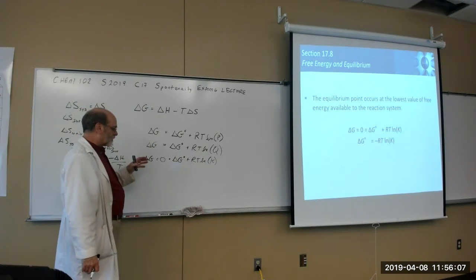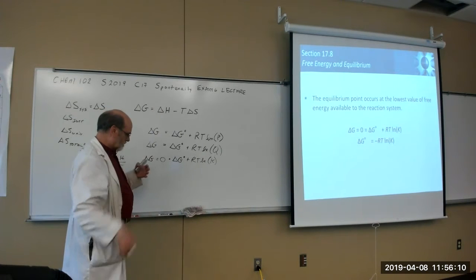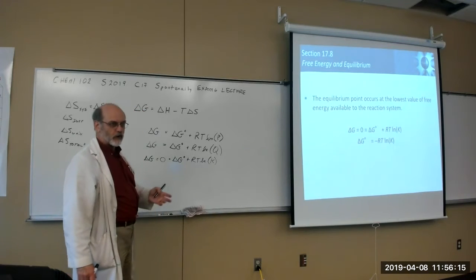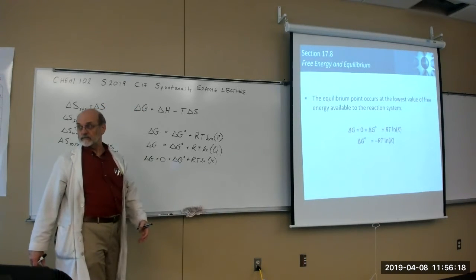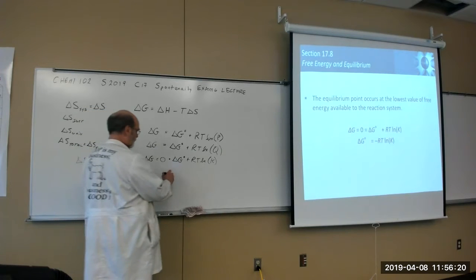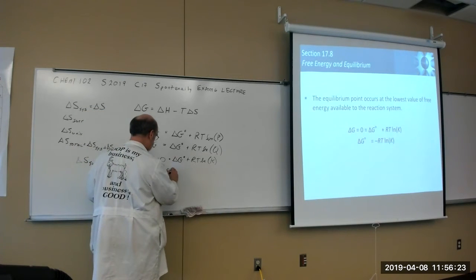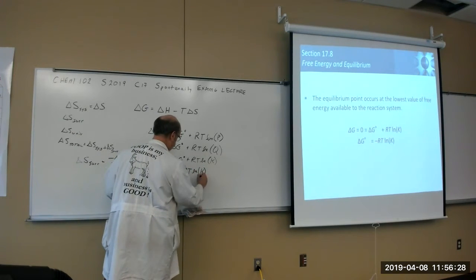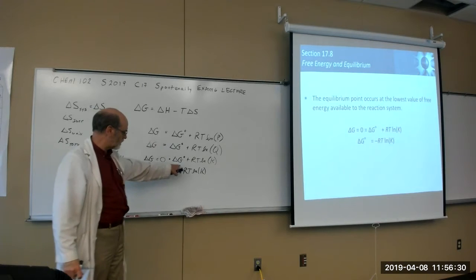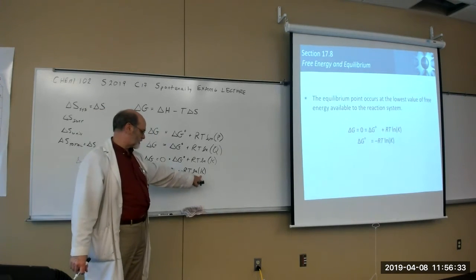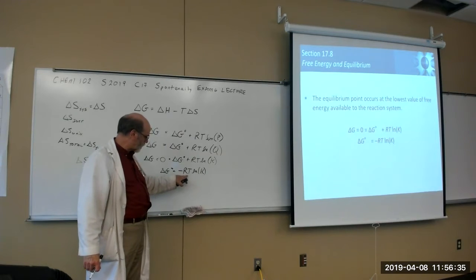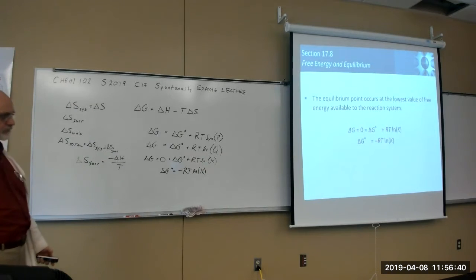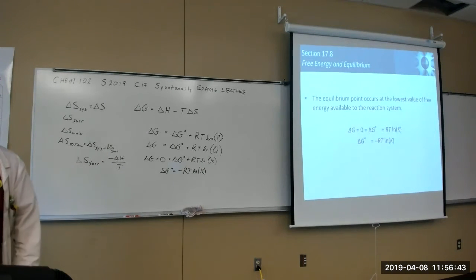So that gives us a tool for determining K. Or if we know K, we can determine delta G under standard conditions. Right? Because now if we solve for delta G0 and we're at equilibrium conditions, then delta G0 is equal to minus RT natural log K. Okay?